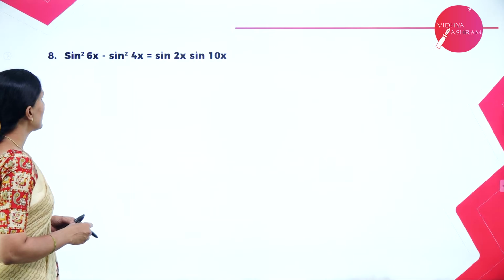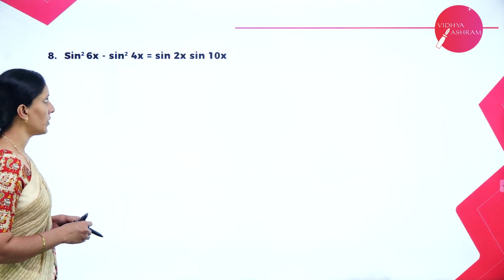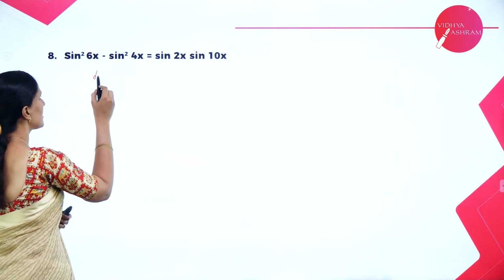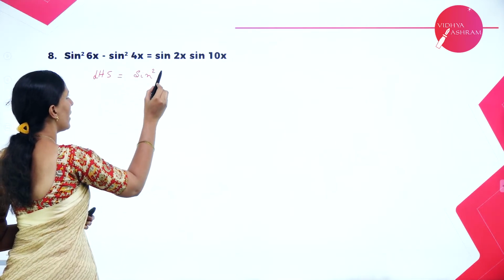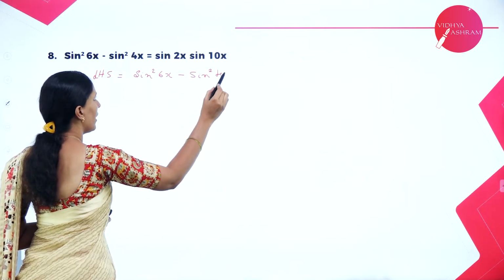Next we have sin square 6x minus sin square 4x is equal to sin 2x sin 10x. Now consider the left hand side of the equation. We have this in the form of sin square 6x minus sin square 4x.